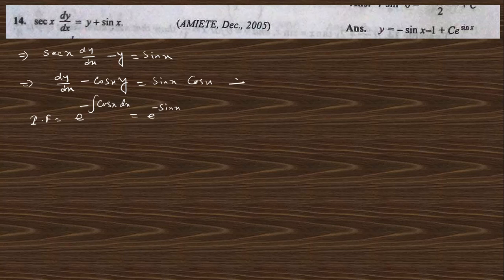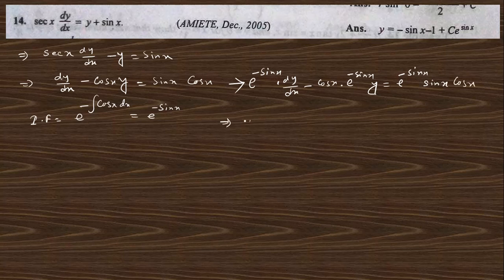So if you multiply this equation by e to the power minus sin x, dy/dx minus cos x e to the power minus sin x into y equals e to the power minus sin x cos x, simple.